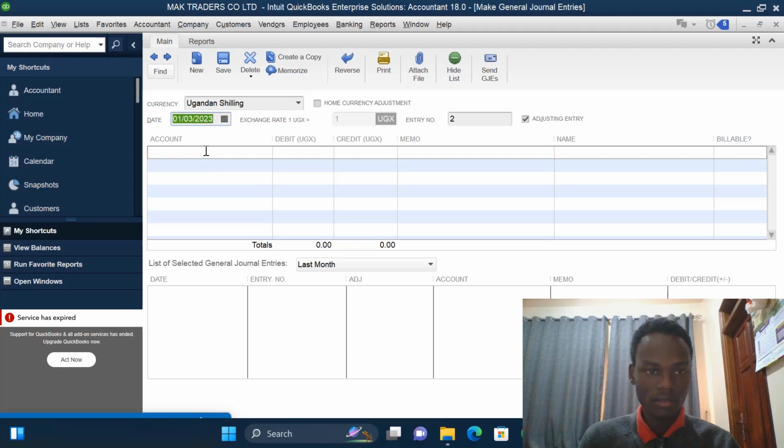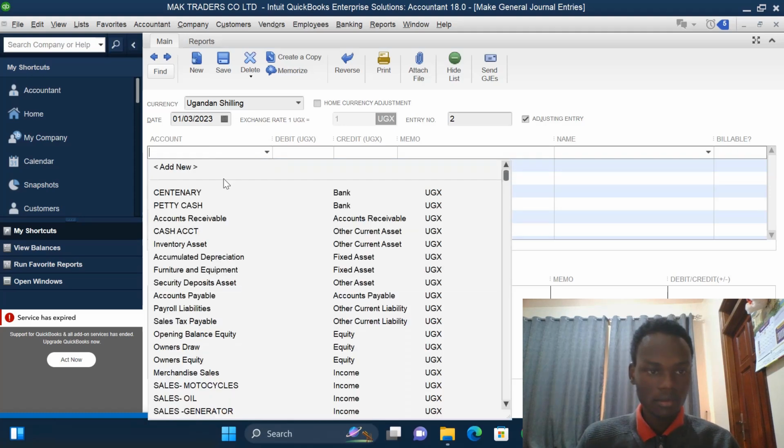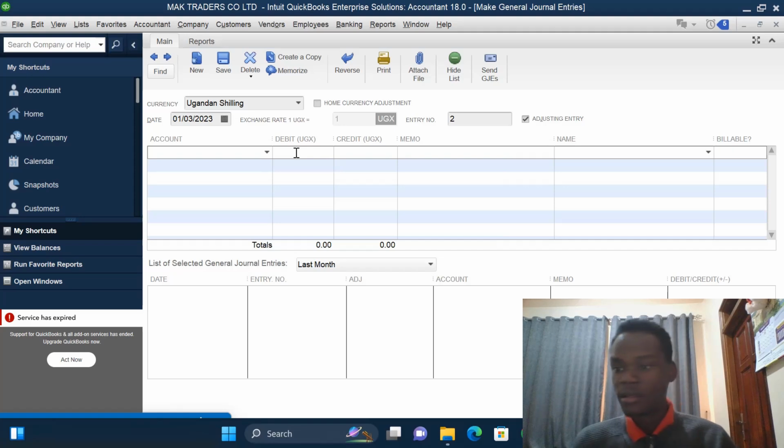So we shall debit our petty cash by the 10 million, and then we shall credit our bank.